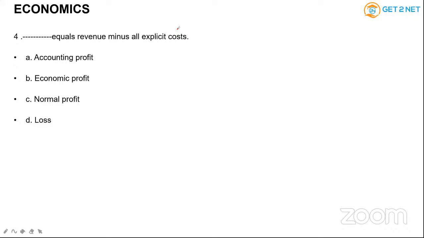A, B, C options have already come. Let's see what is this answer. Dash equals, obviously the answer is accounting profit equals revenue minus all explicit costs.